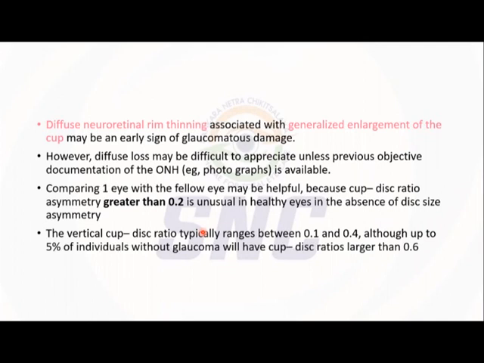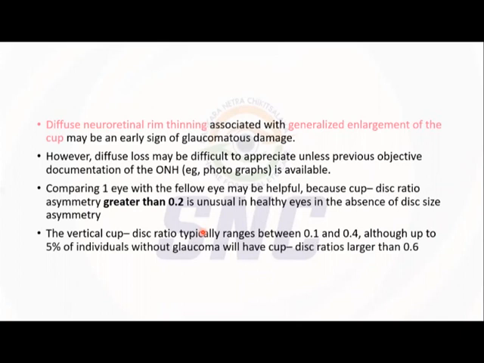However, diffuse loss may be difficult to appreciate unless previous objective documentation of the optic nerve head, like photographs, is available. But comparing one eye with the fellow eye may be helpful, because cup disc ratio asymmetry greater than 0.2 is unusual in healthy eyes in the absence of disc size asymmetry.